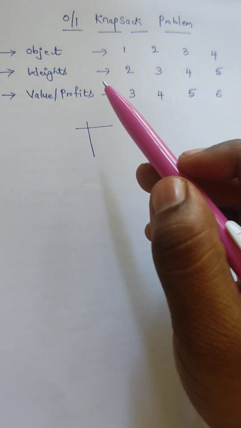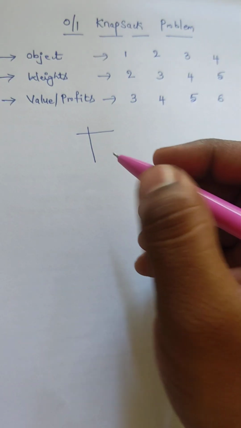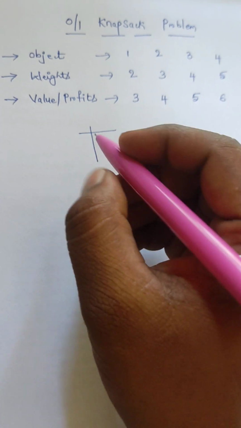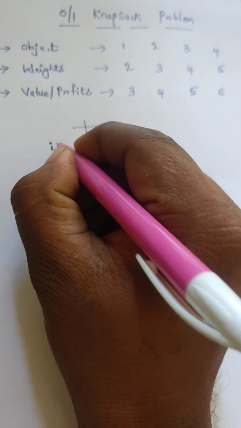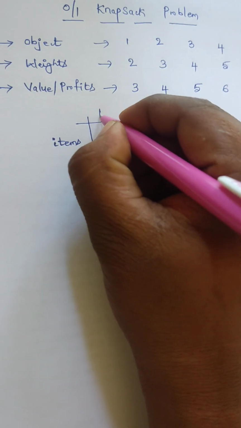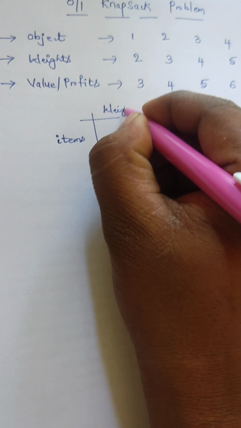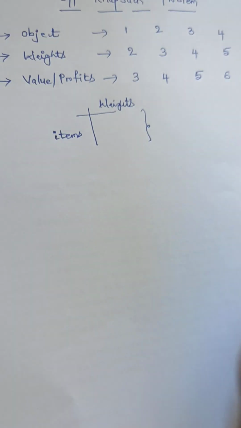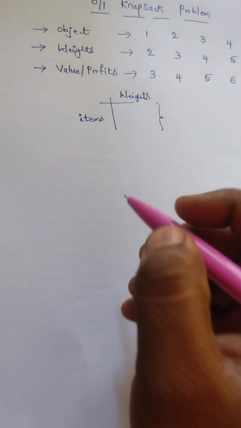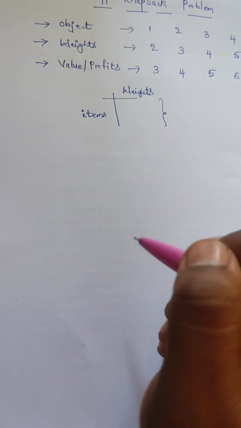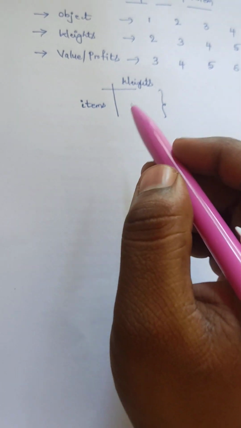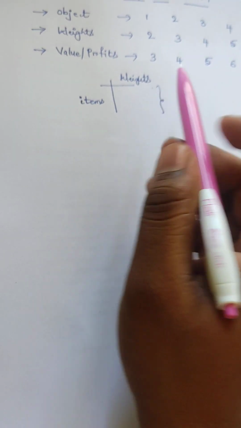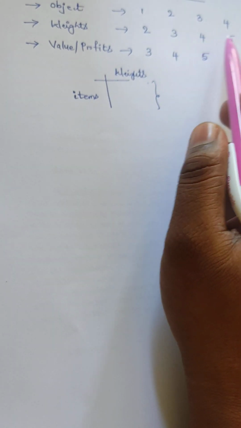In the matrix representation, we take items as rows and weights as columns. So this is the representation of the matrix. Now we have the weights as 2, 3, 4, 5.